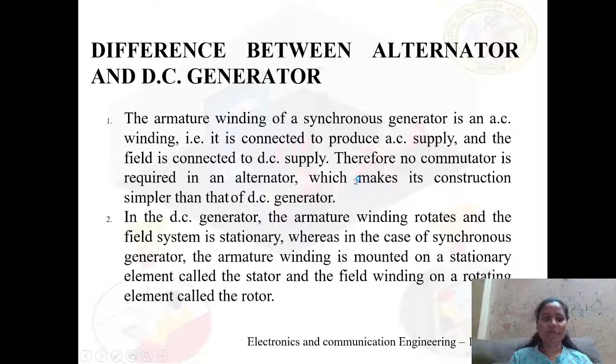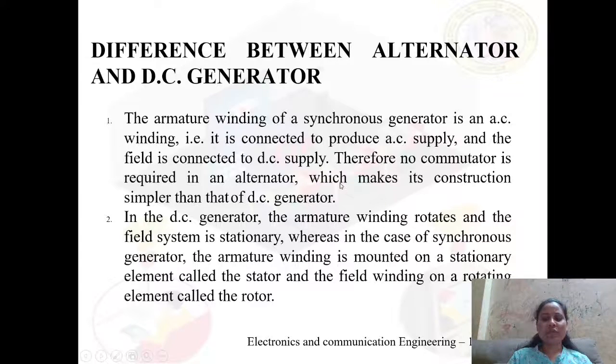The armature winding of the synchronous generator is an AC winding. This is the first difference. The armature winding is connected to produce the AC supply, and the field is connected to the DC supply.